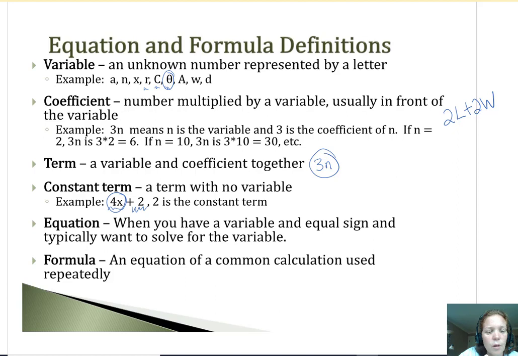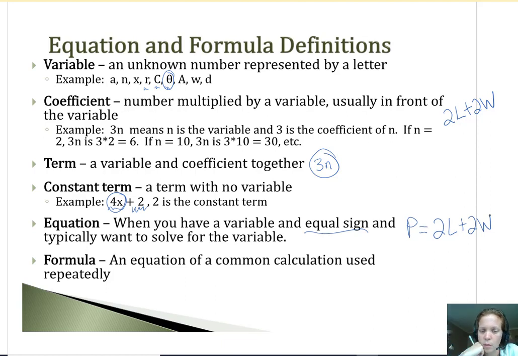Now, when we have the variables and coefficients, terms, all of that, and then we throw in an equal sign, we call it an equation. So I wrote 2L plus 2W up above, but when I put P equals 2L plus 2W, we call that an equation. A formula is just an equation that's a common calculation used all the time.